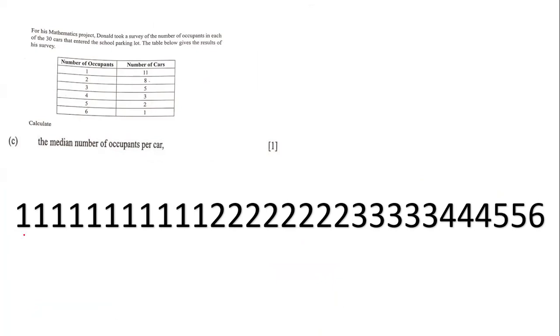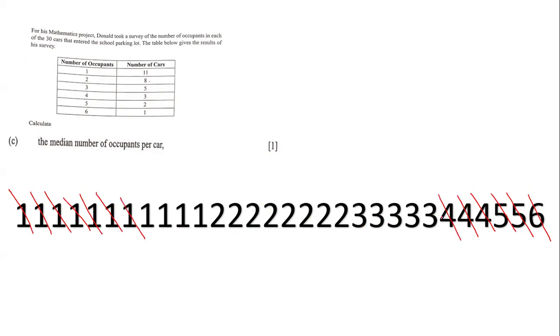And so this 1 cancels with this 6, and this one cancels with this 5. This one cancels with this 5. This one cancels with this 4. This one cancels with this 4. This one cancels with this 4.